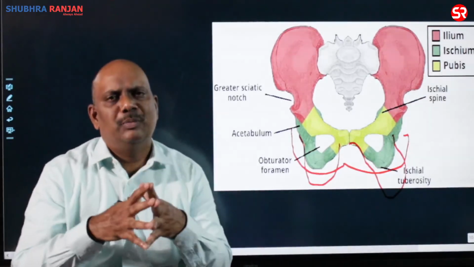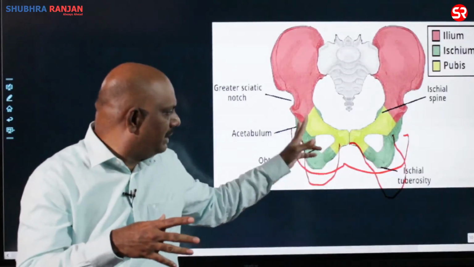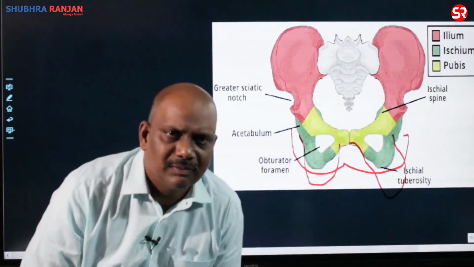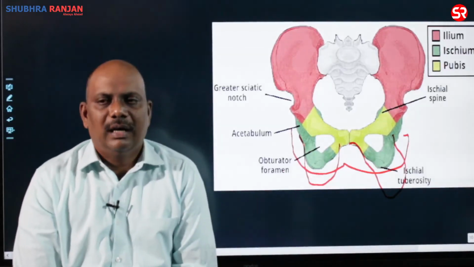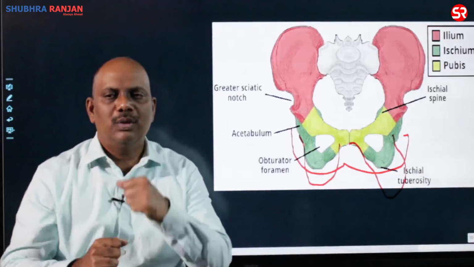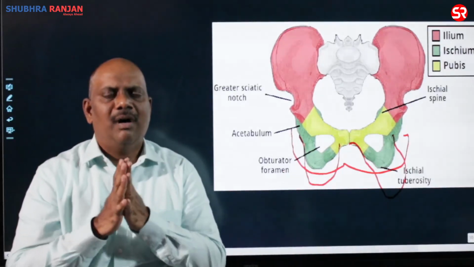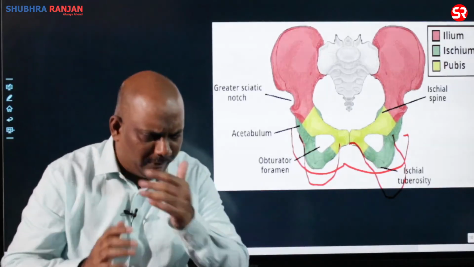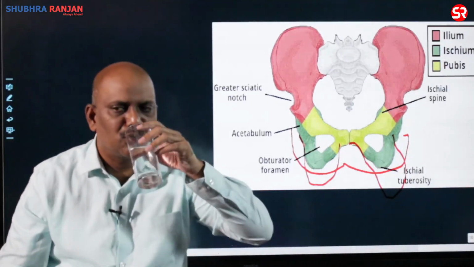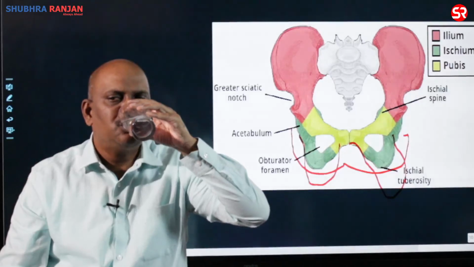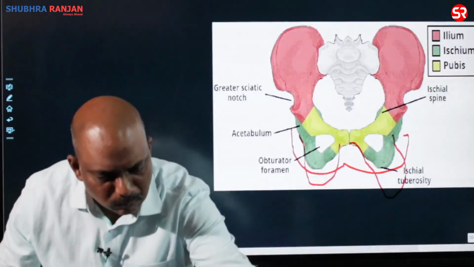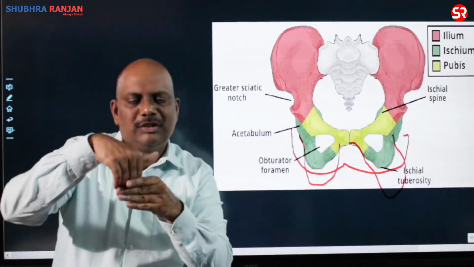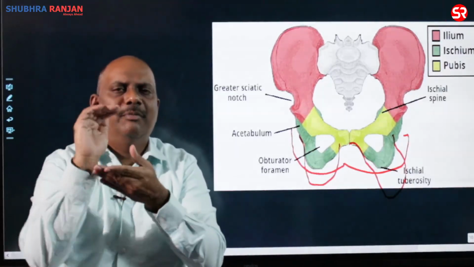And the ischial tuberosity or the ischium bone is very large, like the one found in quadrupedal animals. As a result, Australopithecus cannot walk cool and comfortable like this. They can walk only with a bent hip and a bent knee. Both the knees will be bent and the hip will be bent.